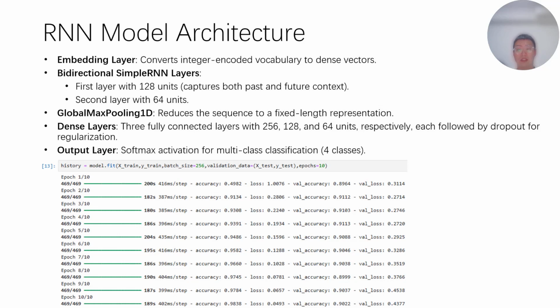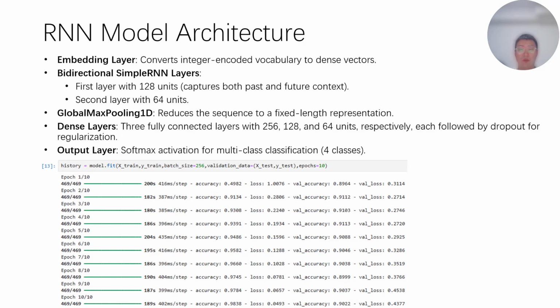The model follows the standard structure designed for text classification, and it includes several layers aimed at capturing both short and long-term dependencies in the text. We start with an embedding layer to convert the integer-encoded vocabulary into dense vectors of a fixed size.